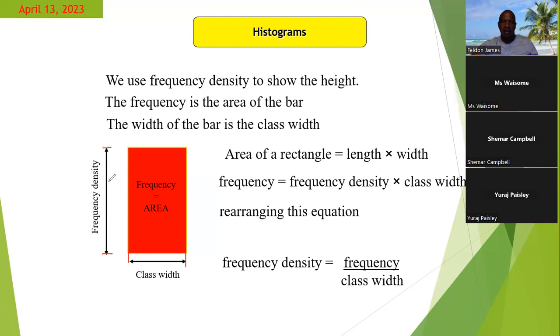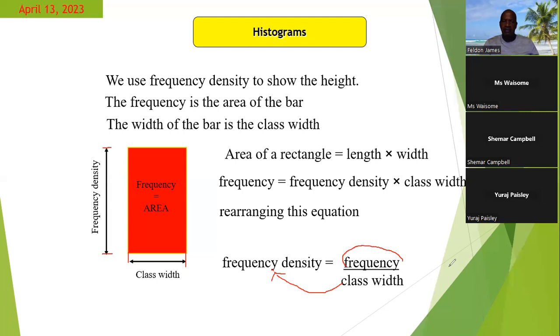The height is the longer side, so you call this the length, and you call this the class width. Then the area would be the class width times the frequency, sorry, times the frequency density. So if you take this and multiply the frequency density, that's how you get the actual frequency from it. That's why we said the area of the bar gives you the frequency.